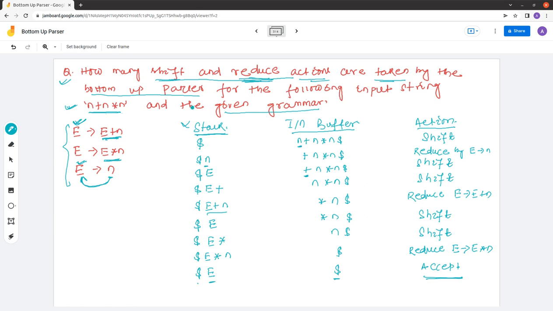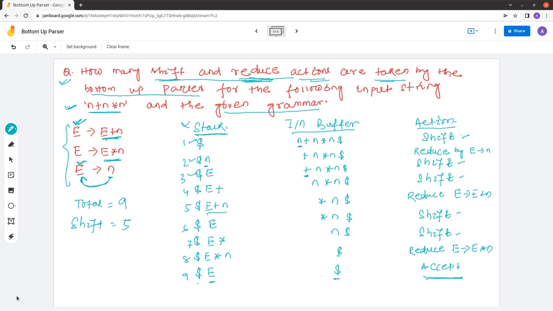So how many shift and reduce actions are taken? Now we'll check the total number of actions. Just count: 1, 2, 3, 4, 5, 6, 7, 8, 9. So the total number of actions is 9. How many shift actions? Just count: 1, 2, 3, 4, 5.